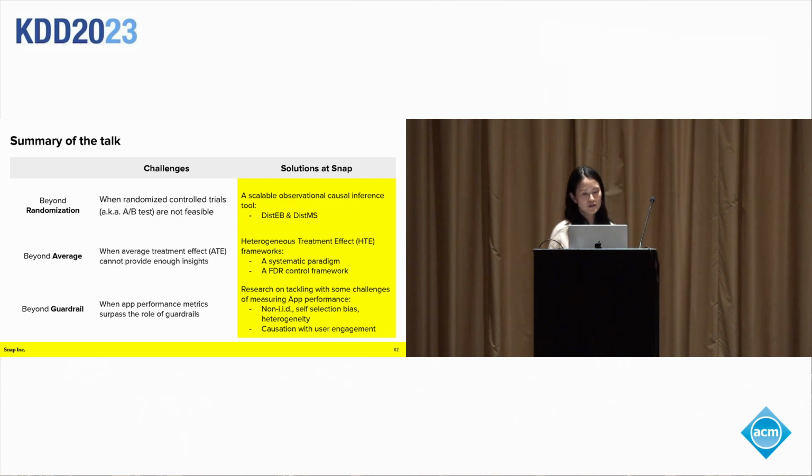We provide solutions to these challenges: we have a scalable observational causal inference tool for observational causal inference analysis, and we have two frameworks for heterogeneous treatment effects when the average treatment effect cannot provide us with enough insights. Finally, we have some research to tackle the challenges of measuring app performance metrics.